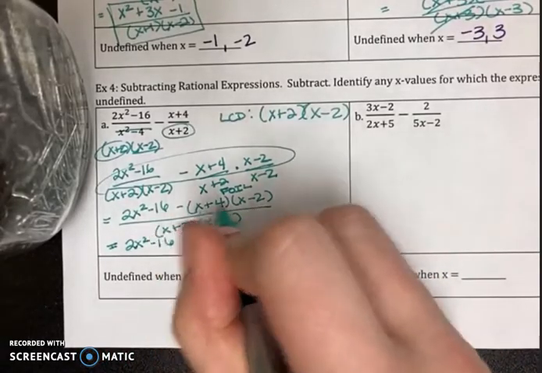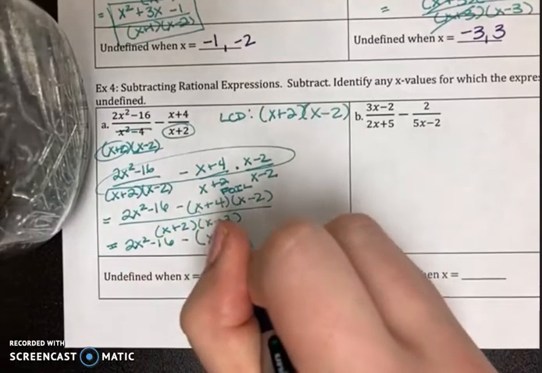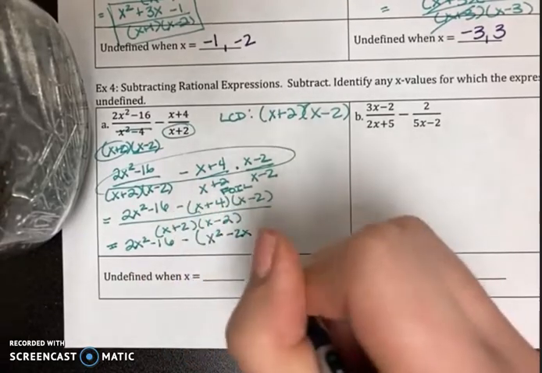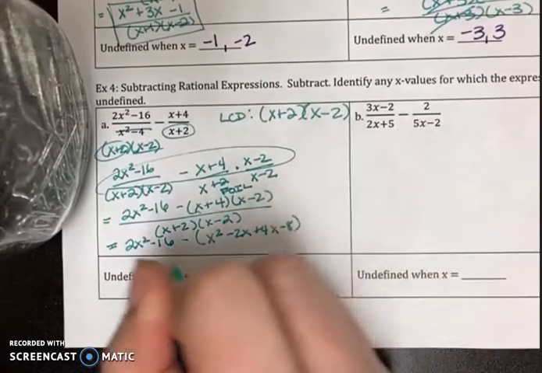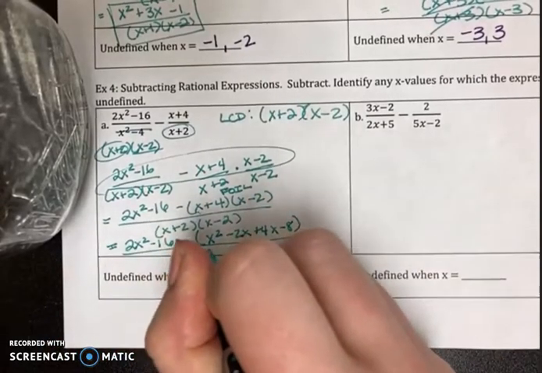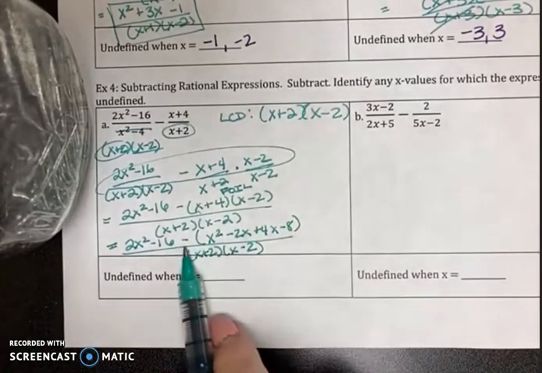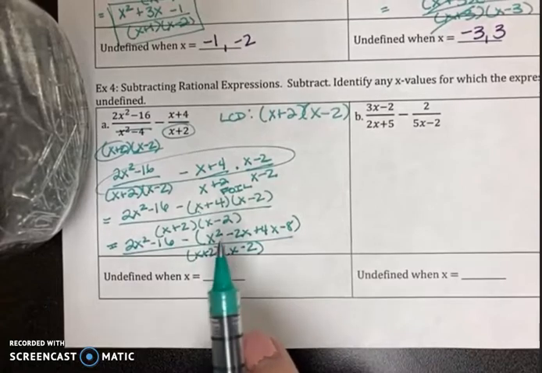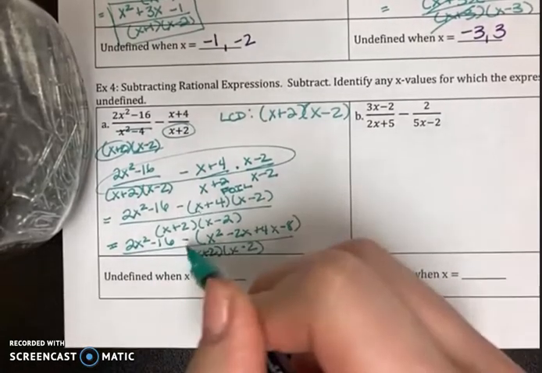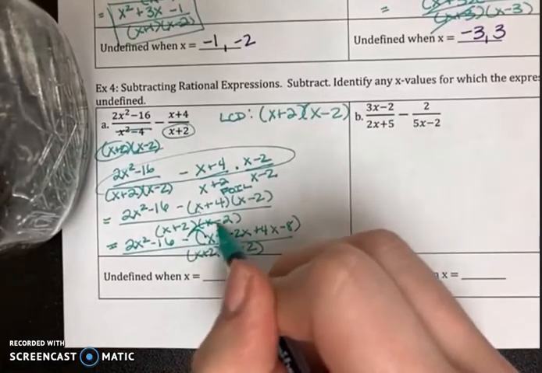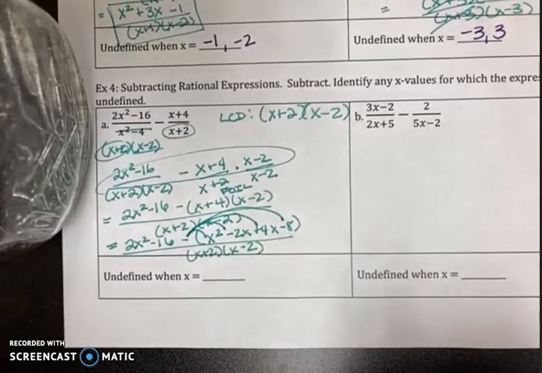I get x times x, which is x squared, x times negative 2, which is negative 2x, and then positive 4x, and then negative 8. Okay, I am subtracting this whole expression. So we need to distribute that negative to every single term.